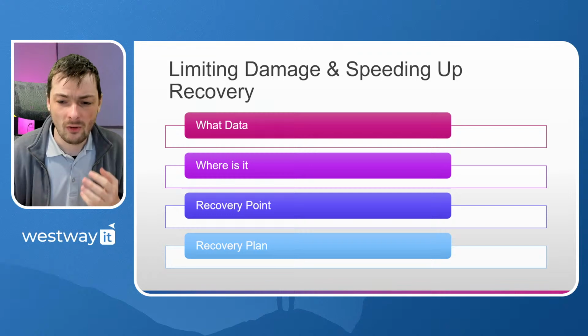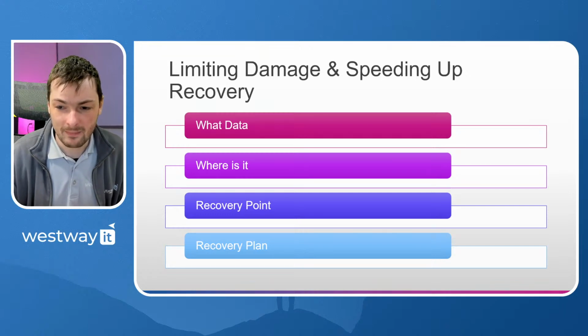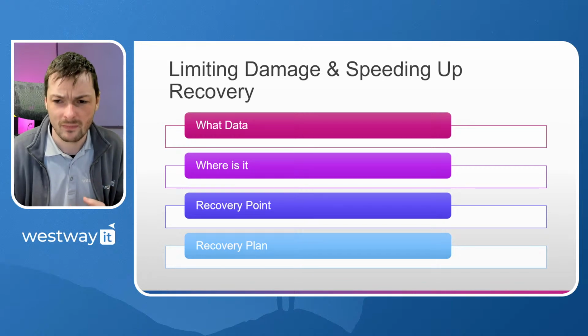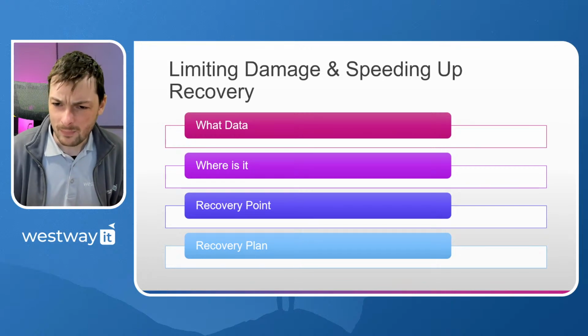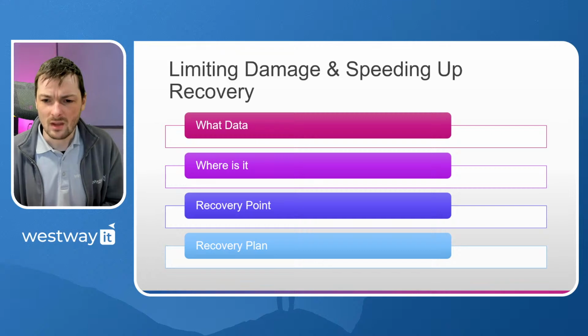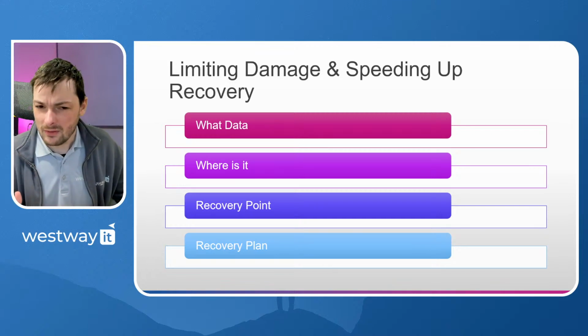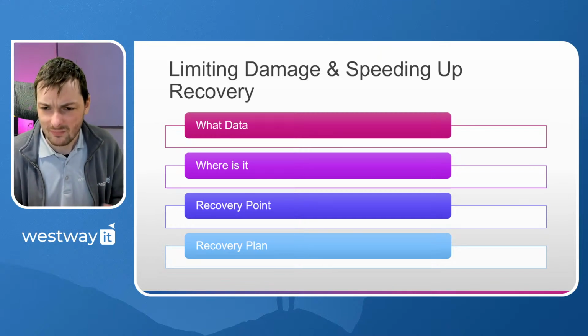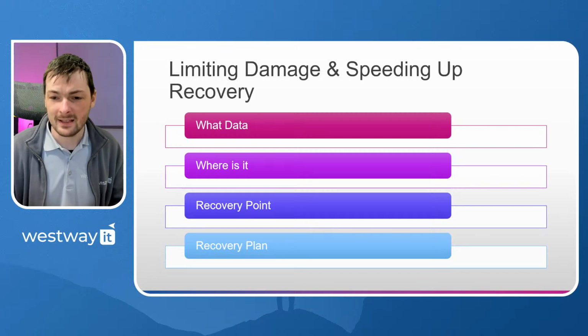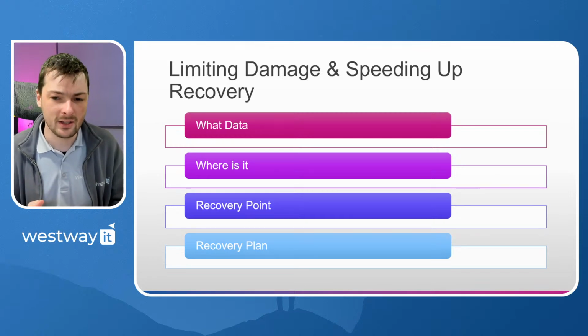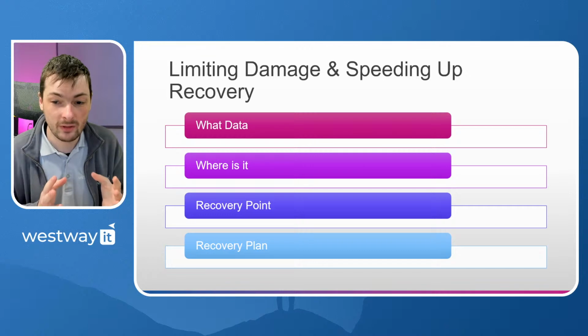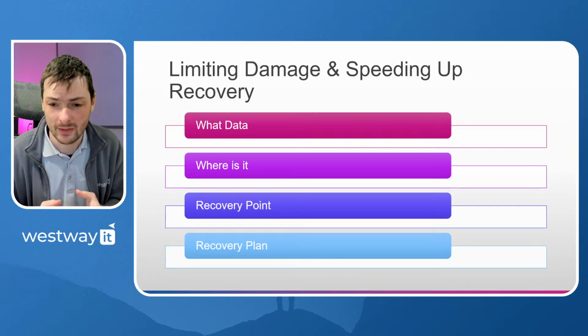Now, for the recovery time, our recovery plan needs to cover different situations. For example, you're going to have different priorities. If you lost your office space, then having somewhere to work is going to be higher priority than restoring the data to a new server.